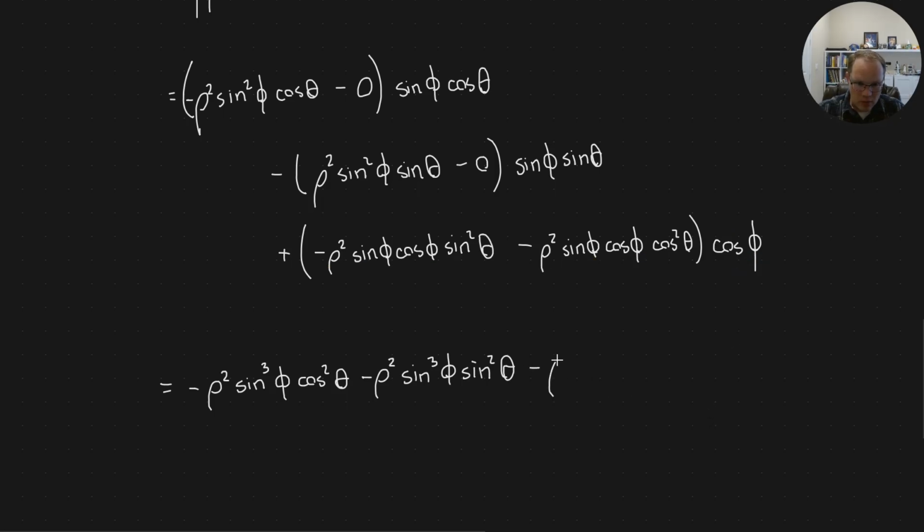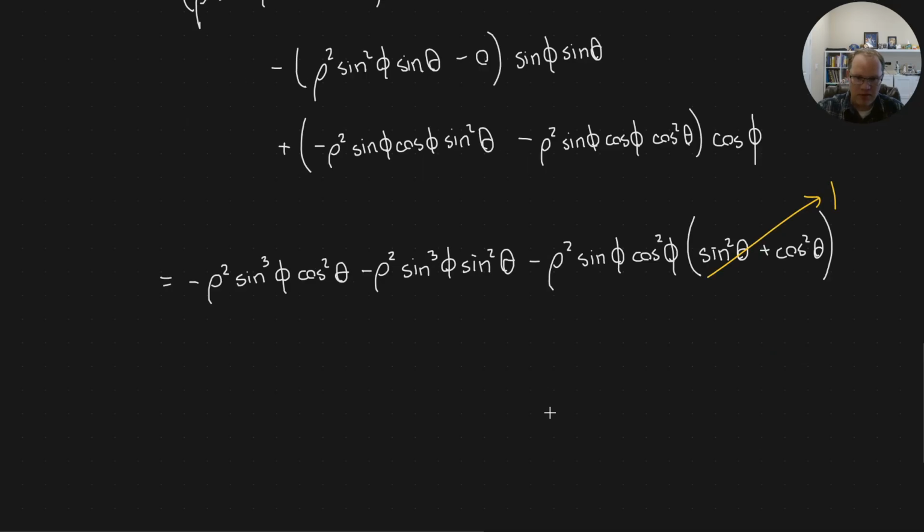Multiply it by that cosine phi, so I get cosine squared phi. That'll leave me with a sine squared theta plus cosine squared theta inside the parentheses. Okay, and of course that's just one. Beautiful. It's already helping me simplify.